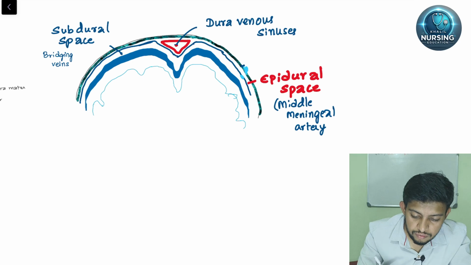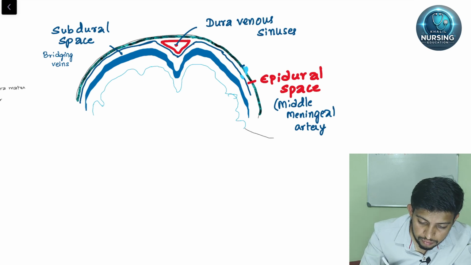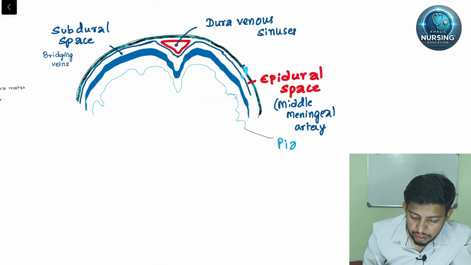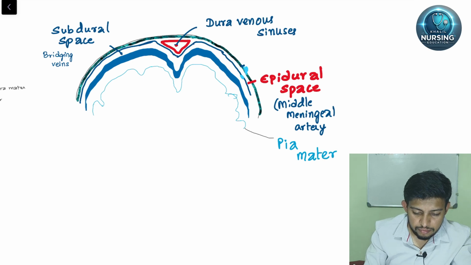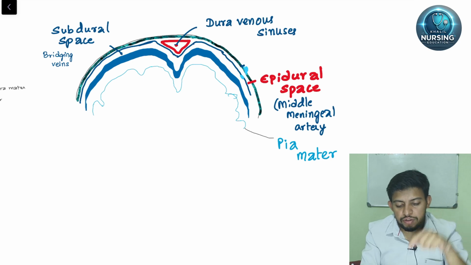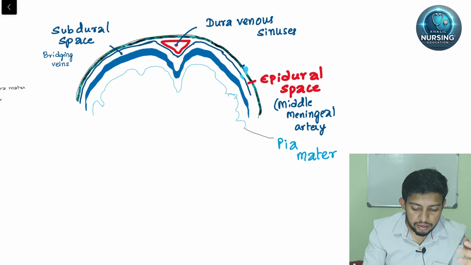This one is called the pia mater. The pia mater adheres to the brain parenchyma.